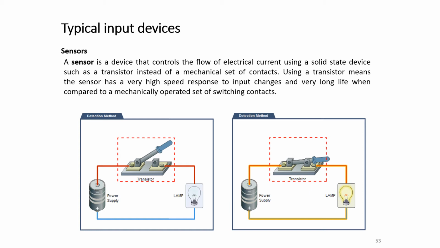We will discuss other types of sensors like inductive sensors and photoelectric sensors, and they close the circuit based on, let's say, an electromagnetic field or photons coming to the sensor.